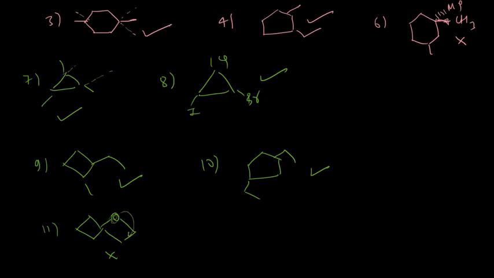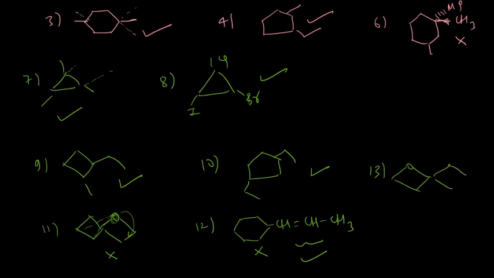When it goes below the plane, there is no relative position change to the three carbons. 12th. Will it show GI? It won't show towards the ring, but it will show towards the double bond. 13th. It will show GI.